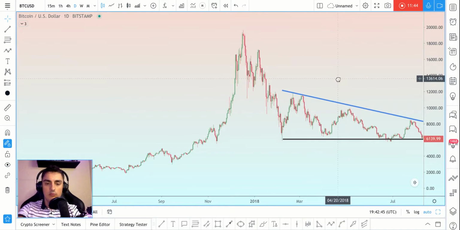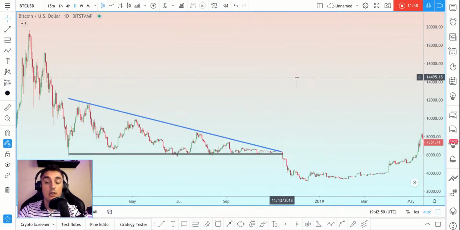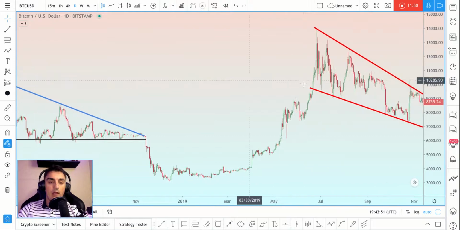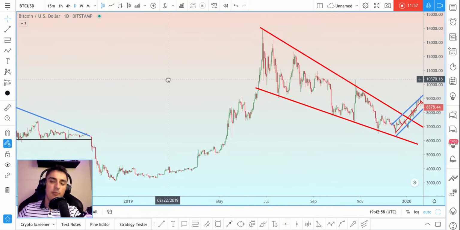For me, I've been trading Bitcoin for about 3 years or even more, and I kind of feel the next shape of the move, and which shapes are mostly going to have success and which shapes are going to fail.